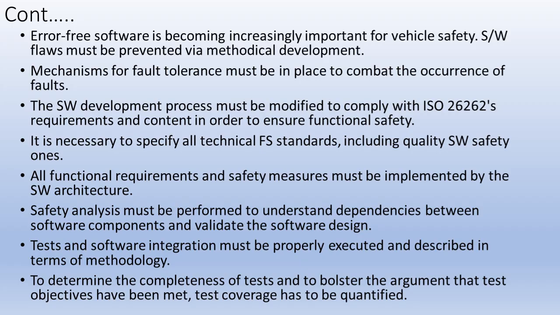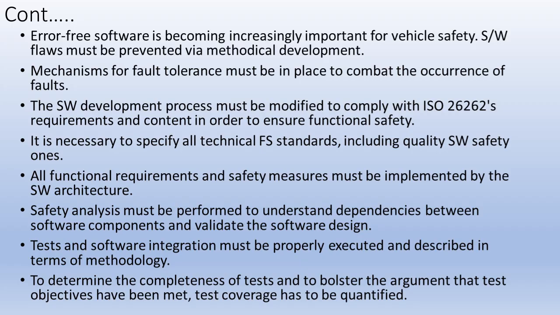Whenever there is a fault or an error, the vehicle operation may go haywire. To prevent that, mechanisms must be placed inside the vehicle, and the software process must be modified to comply with ISO 26262 requirements and content in order to ensure functional safety.